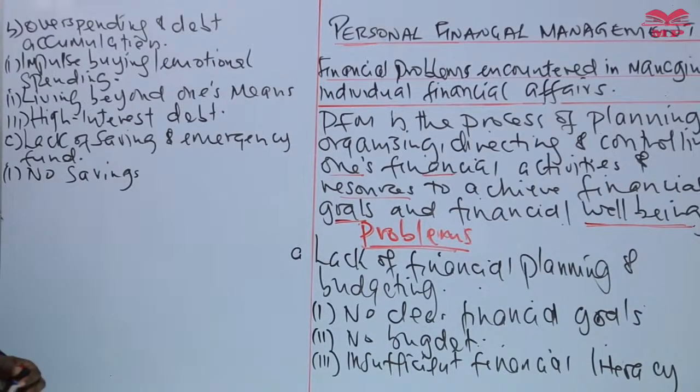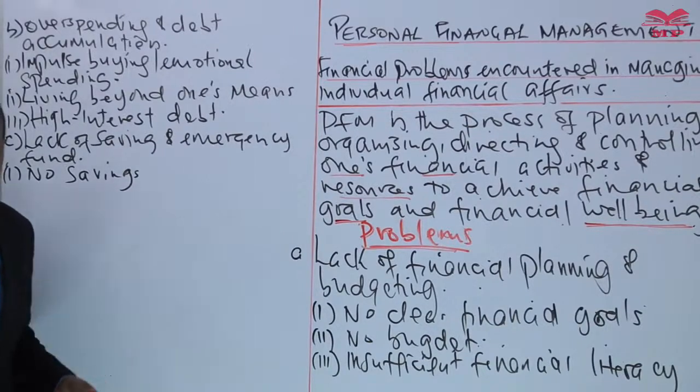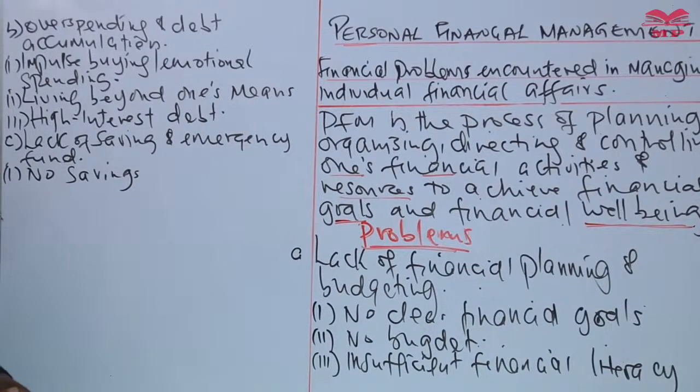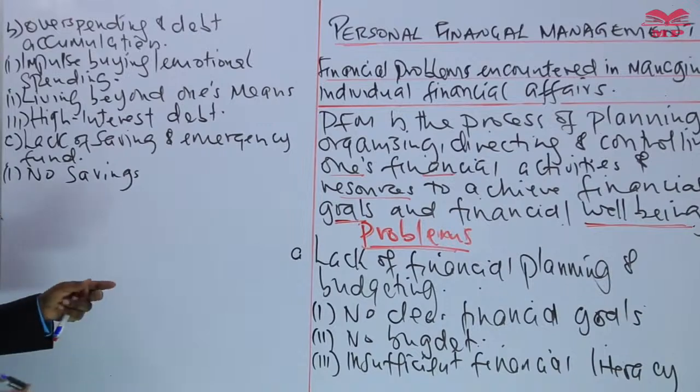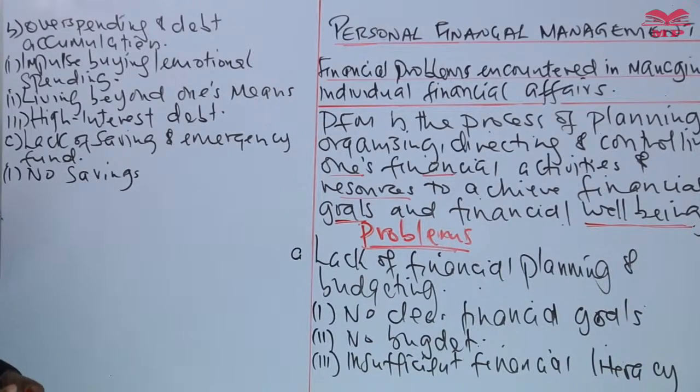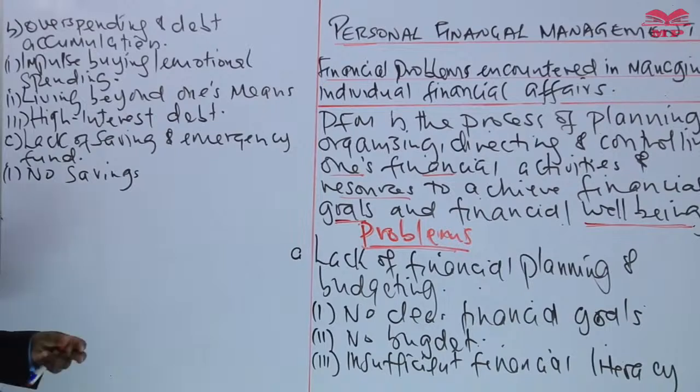emergencies. In life, there are certain events that may demand for individuals to spend beyond their budget. There are events that may happen, like sicknesses, like deaths, and so on, which may require individuals to raise money in order to meet such needs or expenses.